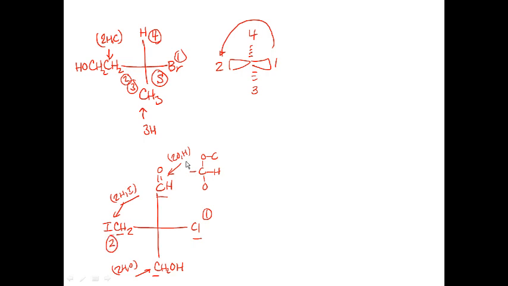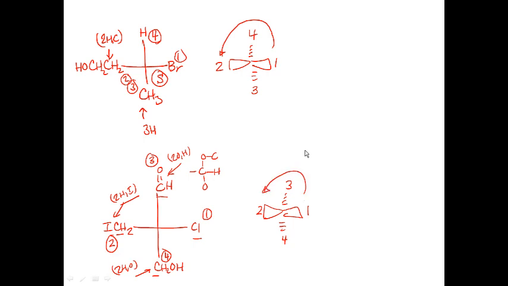Now between 2 oxygens and a hydrogen versus 2 hydrogens and an oxygen, 2 oxygens and a hydrogen wins priority group number 3. CH2OH with 2 hydrogens and an oxygen is number 4. So if I come over here and I clean it up and I draw my bow tie structure, the numbers are 1, 3, 2, and 4. 4 is pointing away from me, going from 1 to 2 to 3.